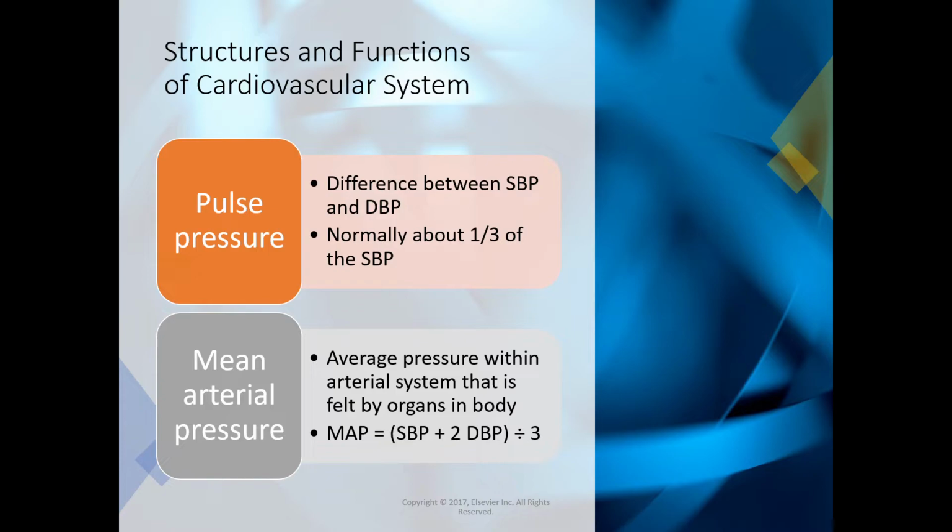Well, it's right there. MAP is equal to the SBP plus 2 times the diastolic, and all of that divided by 3. So let's say if you had a BP of 120/60, that would give you somewhere around 79, 80 of MAP, right? And a MAP that's greater than 60 is needed to adequately perfuse.